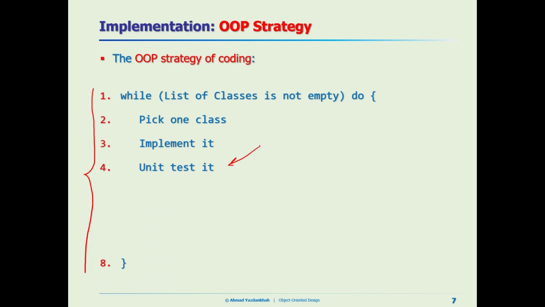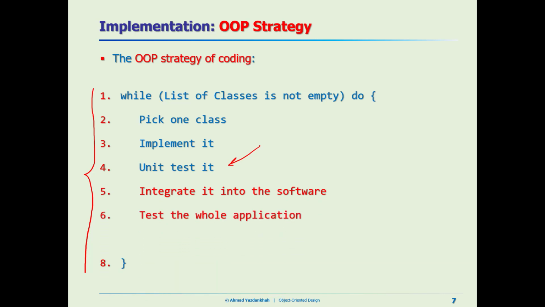I will explain the unit testing later. Then integrate into the software and test the whole application, and then remove the class from the list. This is the best way to develop your application. This is actually an incremental way. We increment the application step by step.